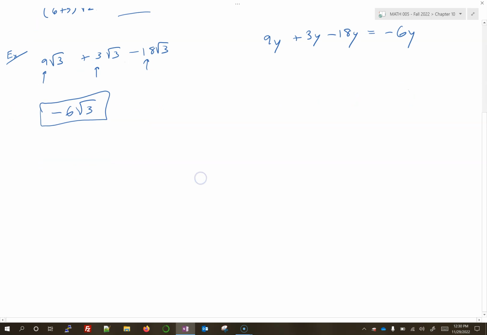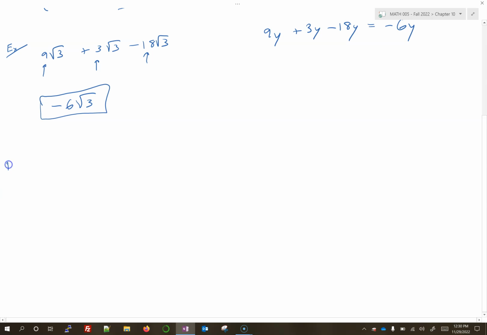What's going to get a little bit more difficult with these problems is if you see something like this. What if I gave you 2 times the square root of 50 minus 5 times the square root of 32? Big difference now in this example as opposed to the other ones.